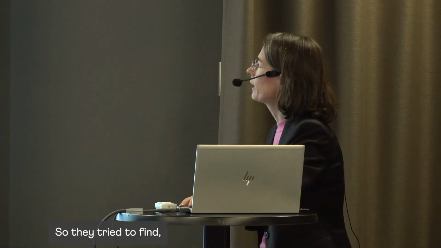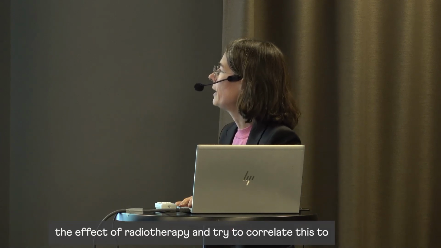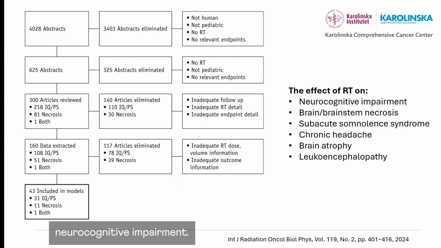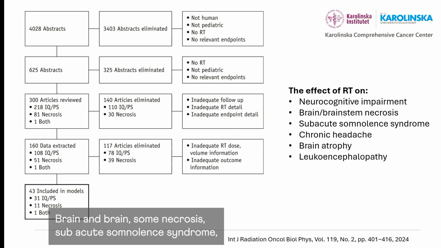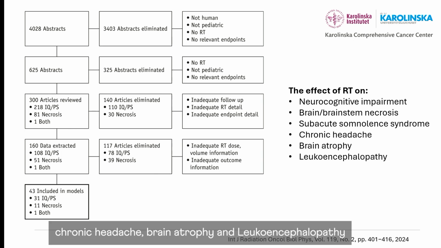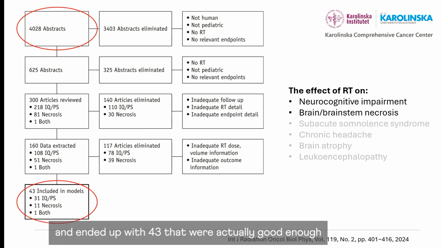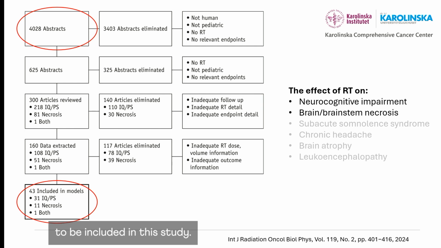So they tried to find the effect of radiotherapy and tried to correlate this to neurocognitive impairment, brain and brainstem necrosis, subacute somnolescence syndrome, chronic headache, brain atrophy, and leukoencephalopathy. And they started out with more than 4,000 abstracts and ended up with 43 that were actually good enough to be included in this study.